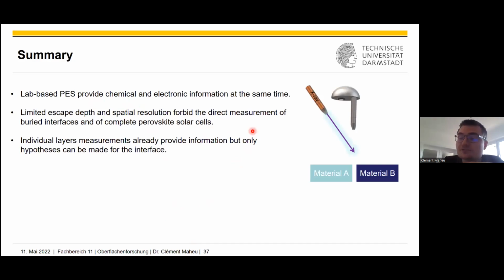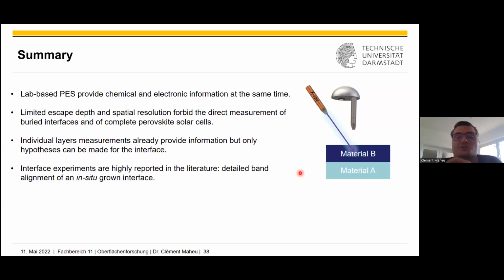And then you need to find some tricks, and I gave you 3 stories. One where we compare individual layers, but of course at the end you need to make some hypotheses on how the interfaces of these 2 materials should behave.